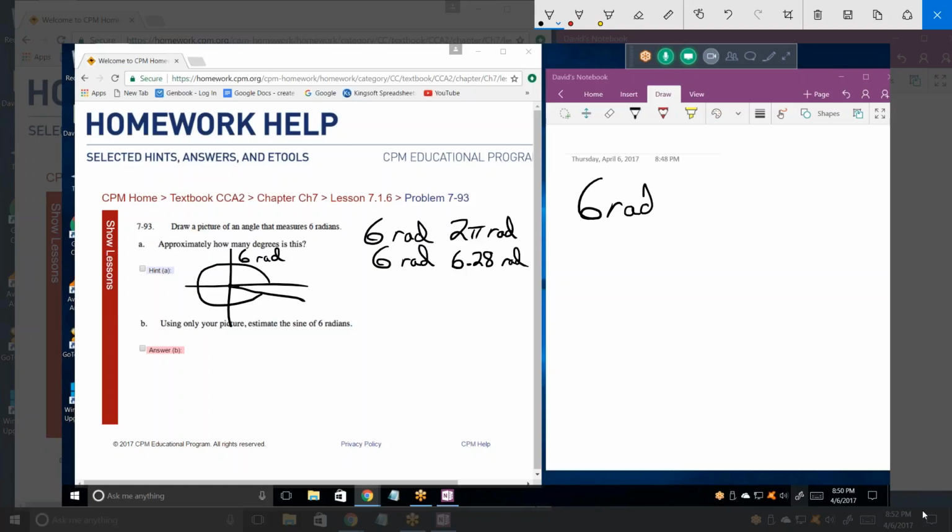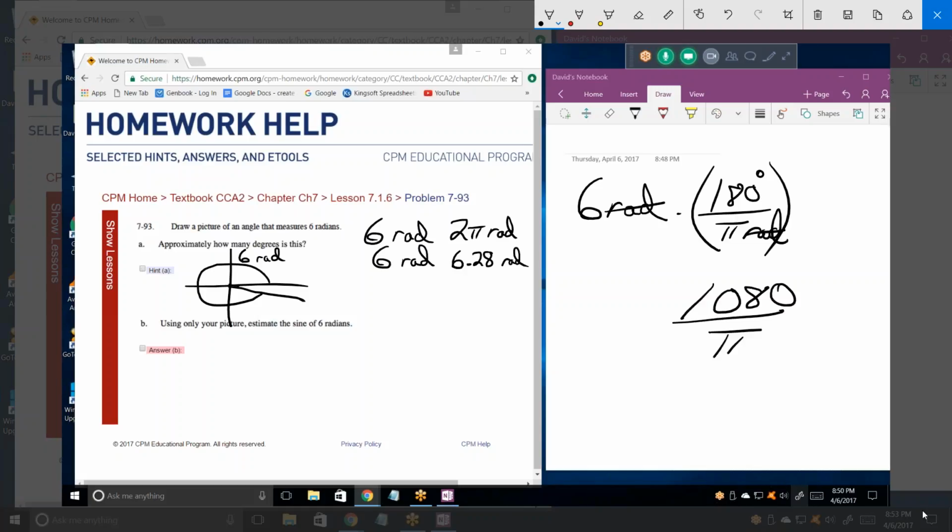Well, I got 6 radians. What's the conversion factor? 180 degrees over pi radians. That's important because I want to lose my radians and get to degrees. Well, that's 1080 over pi degrees.